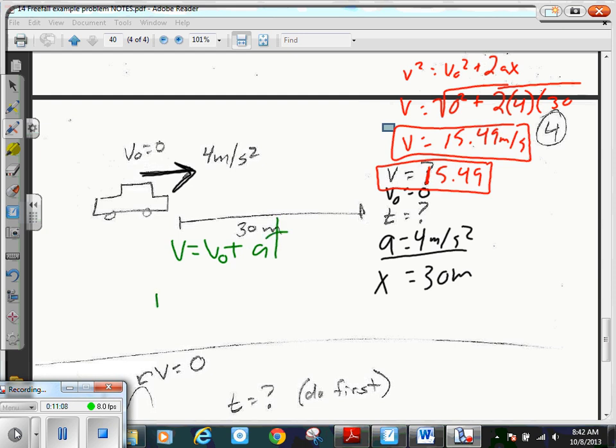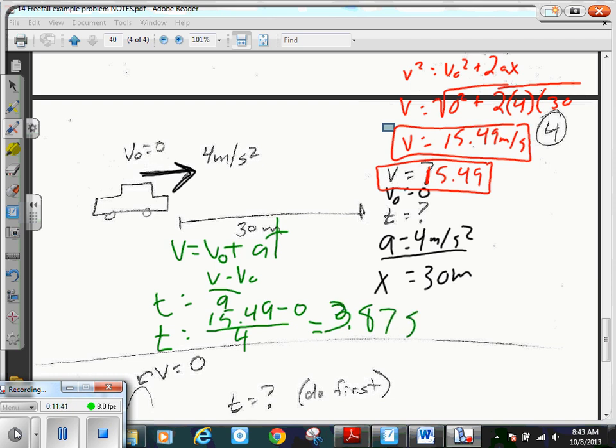So time equals v minus v sub naught divided by a, which in this case is 15.49 minus 0 divided by 4, which is 3.87 seconds. 3.87 seconds is the time that it took to do that. Any questions?